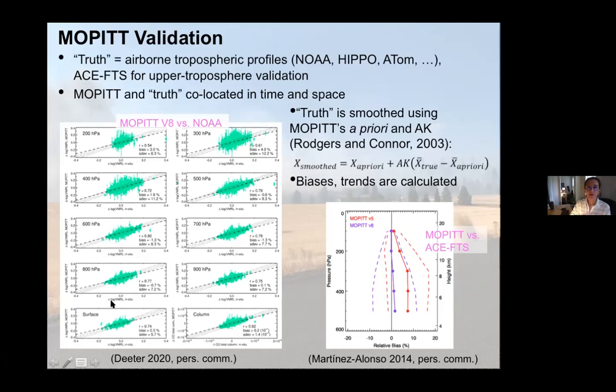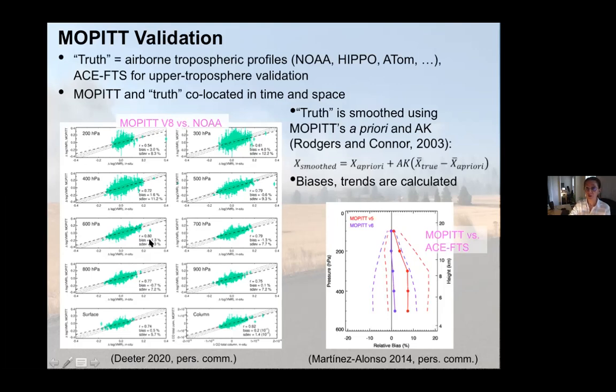And here you have some examples, at the different pressure levels where MOPITT retrieves values, of comparisons with respect to the NOAA vertical profiles, and you can see that bias values are always in the order of a couple percent. Very good results with respect to the in situ measurements.